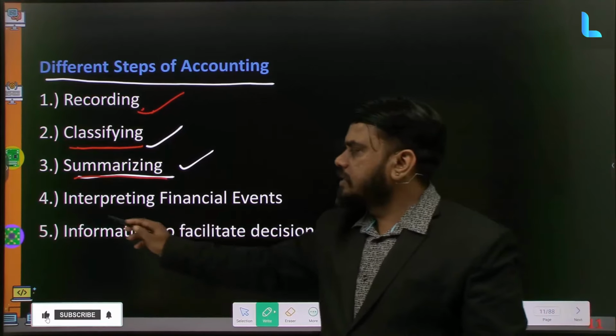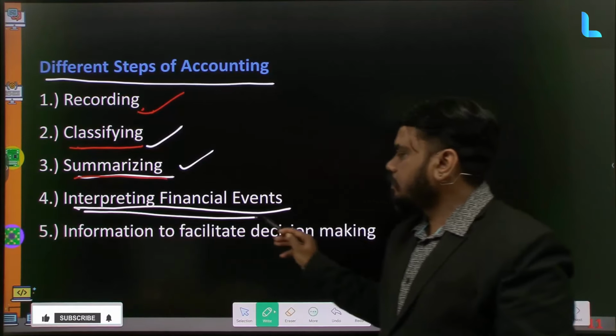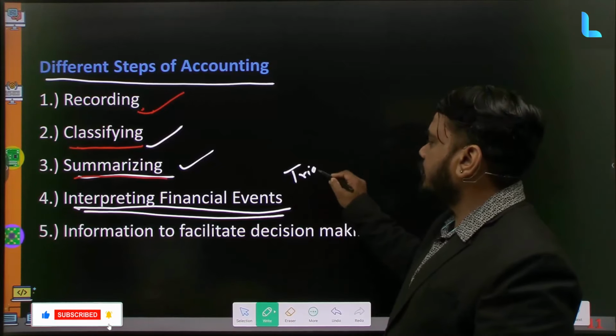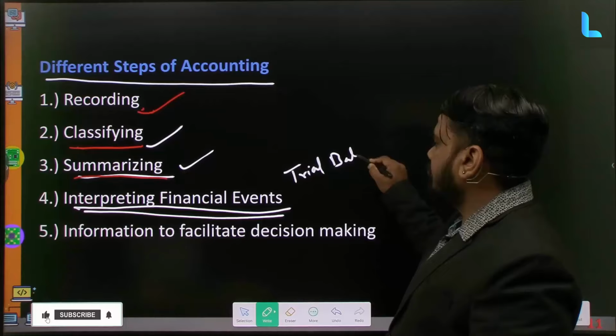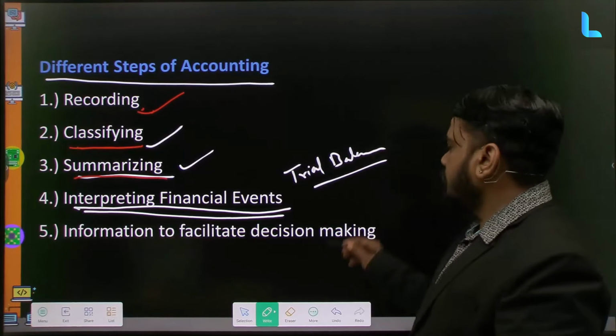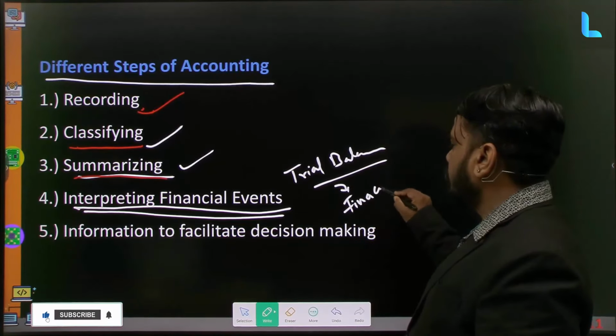After summarizing, we interpret these financial events. First we prepare a trial balance, after summarizing all these accounts and applying various formulas. After preparing the trial balance, the financial statements of accounts have to be prepared.